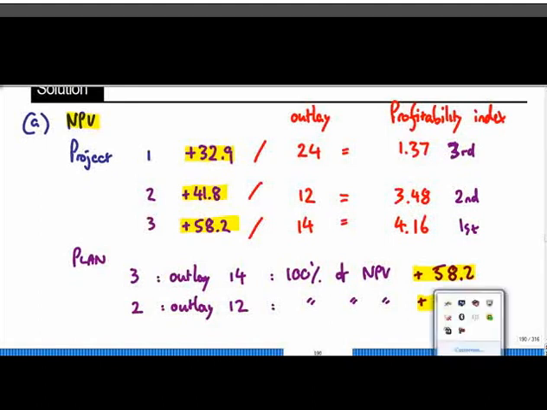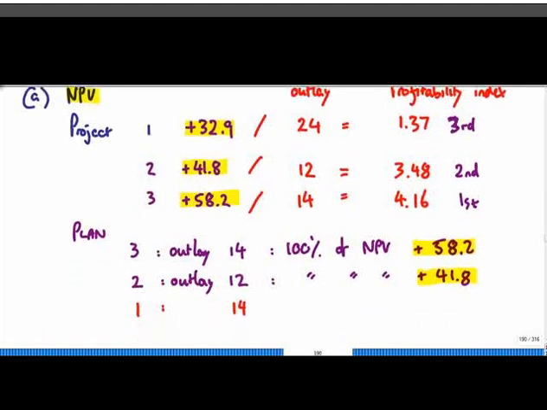Finally, we'll go for project number 1. Now we've only got 14 million left to take us to our 40 capital limit. Project number 1 would cost 24 million in total, so we can afford to do 14/24, which is 58.3%.